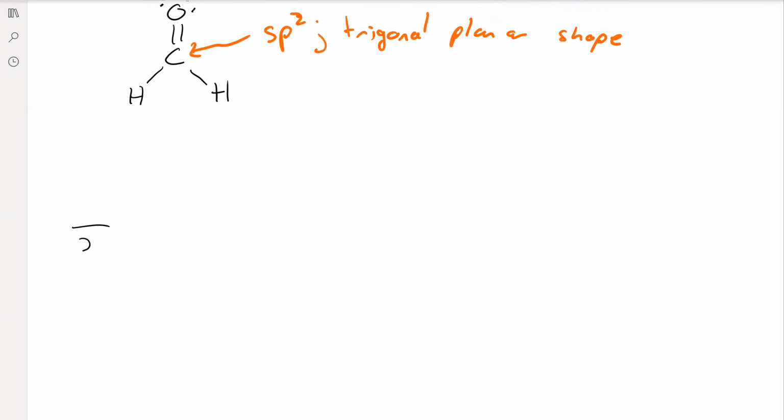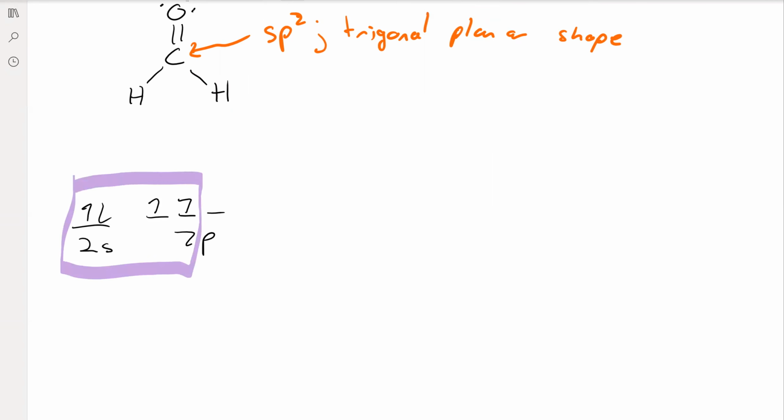And then let's take a look at what's going on, right? We've got the 2s orbital and then the 2p orbitals of carbon. 4 electrons for carbon. So these 3 mix into 3 sp2 orbitals.